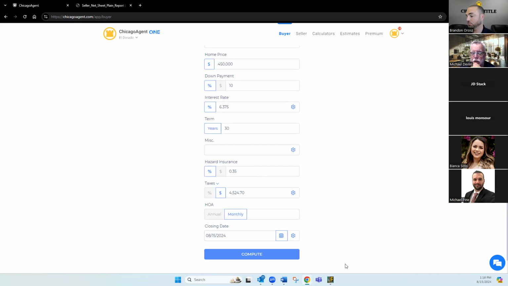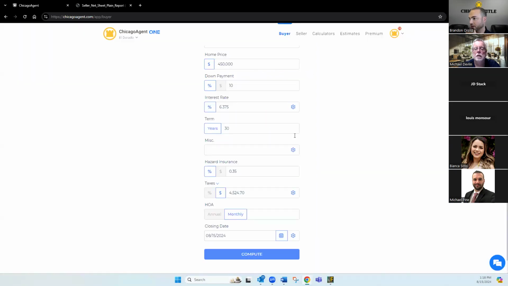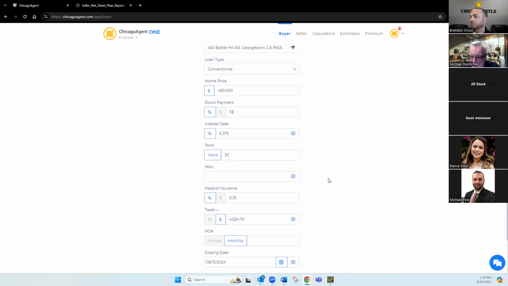If there's a HOA, we would be putting in the HOA fee. Now, the other fees that a buyer might have are almost all loan related. But let's just see what happens. Where is the loan amount? Loan amount is up here. Okay, so I see down payment is 10%. That's okay. The city transfer tax is something that a buyer may be paying. HOA might have monthly dues.